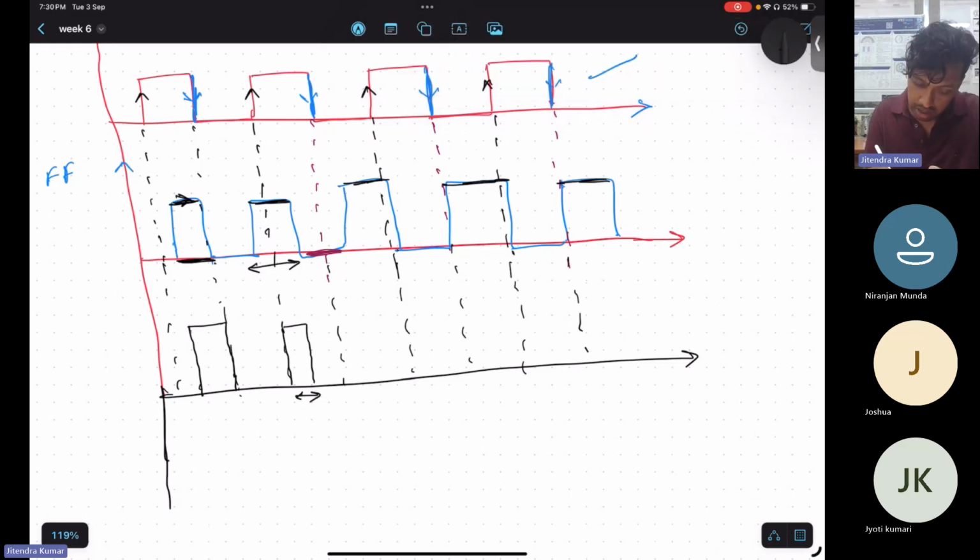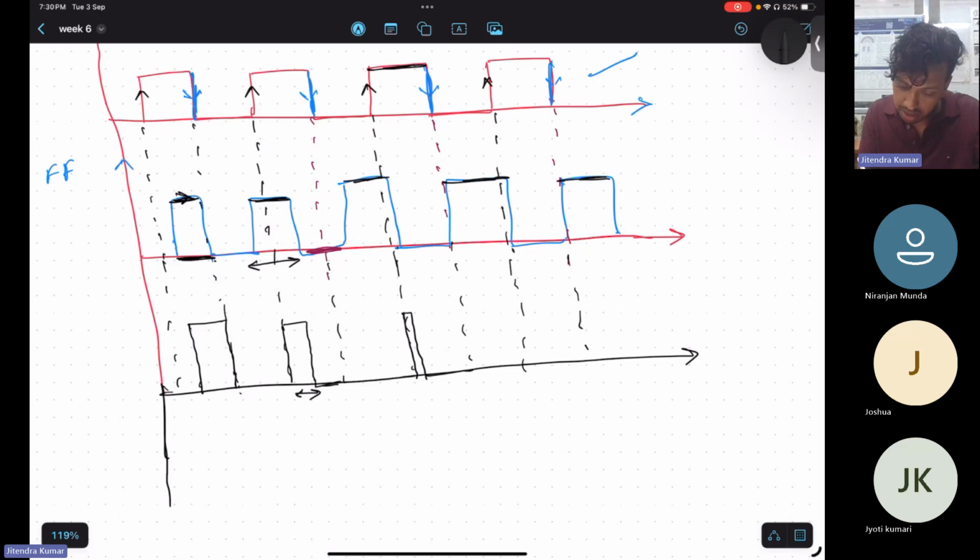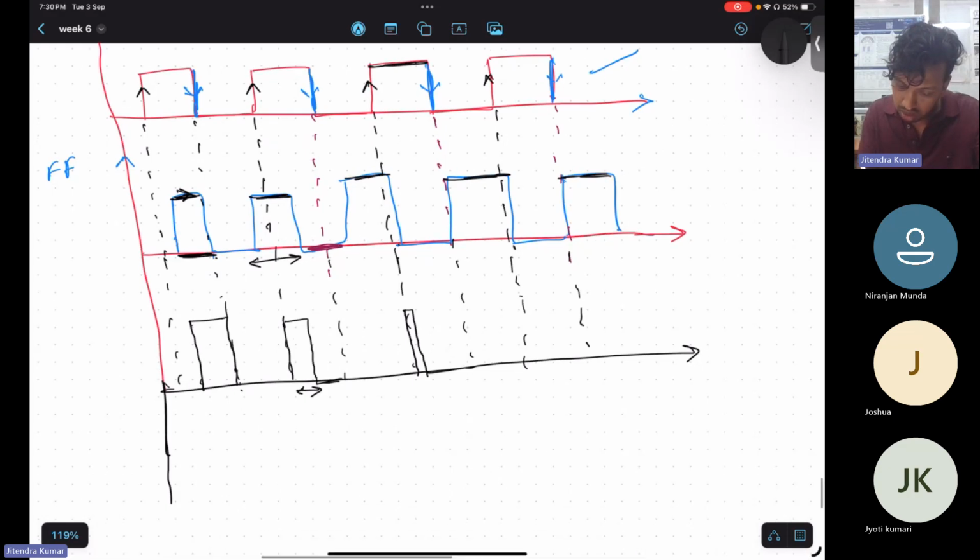So this was for this clock, and for this level triggering, the shape is like this. And now for this level triggering, the shape is again like this. So your output will look something like this.